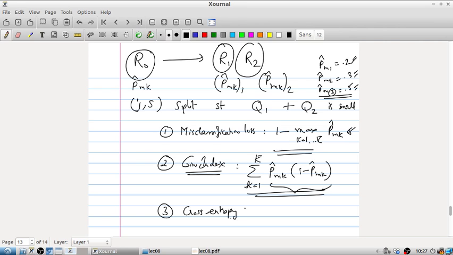The cross entropy loss or score is just the negative sum of k equals 1 to K of p hat mk times log of p hat mk. You must have seen this in multi-class classification, because cross entropy loss is something we came across there as well. So all these 3 functions are very similar.